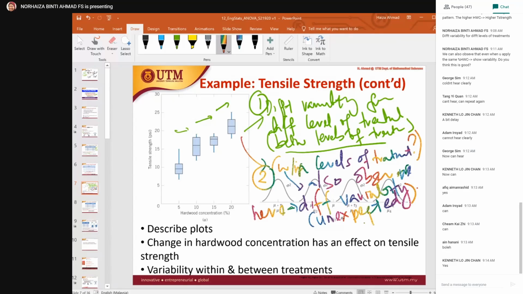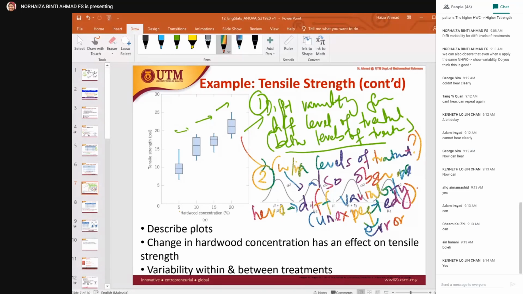Or so we can check if there's an error. Okay. So if you do your experiment, you apply benda-benda yang sama, you expect dia punya observation lebih kurang sama. Okay. Tapi in this case, you can see that dia lain banyak ni. So that means you need maybe dalam experiment you need to check kenapa when you apply 5% dia berbeza.